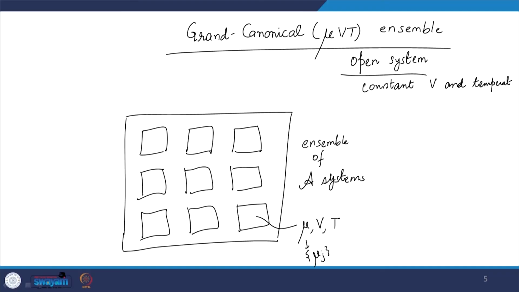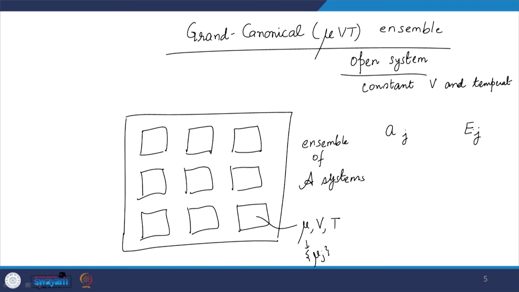That will be somewhere between the grand canonical and canonical ensemble, and that is referred to as a semi grand canonical ensemble. But in this particular simple case, we are assuming that we have only one component and therefore, we have only one chemical potential.